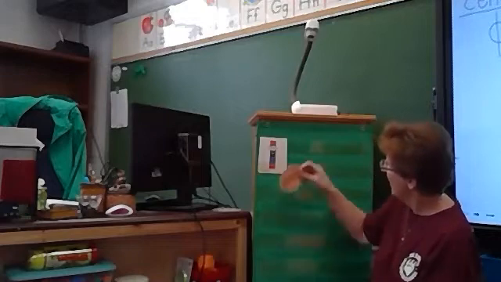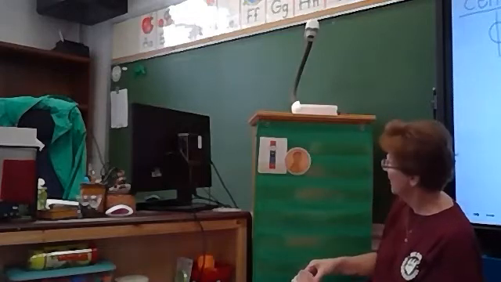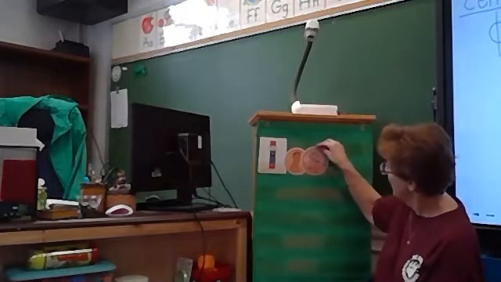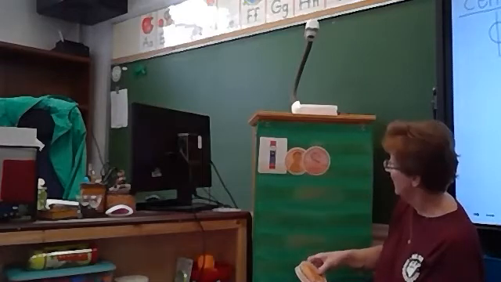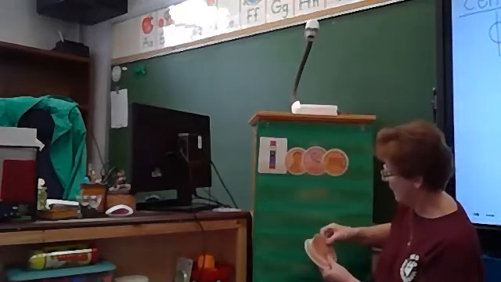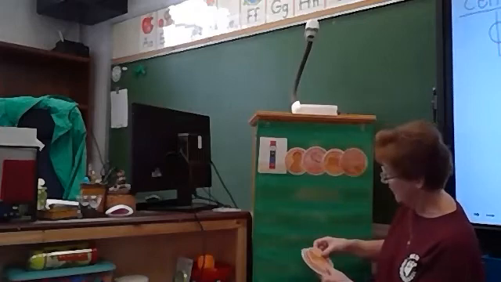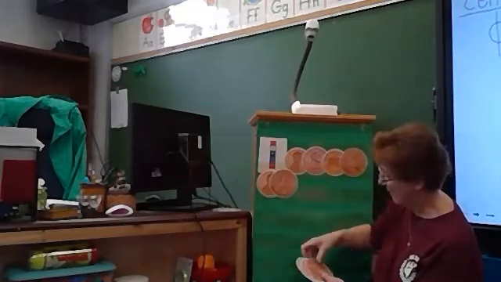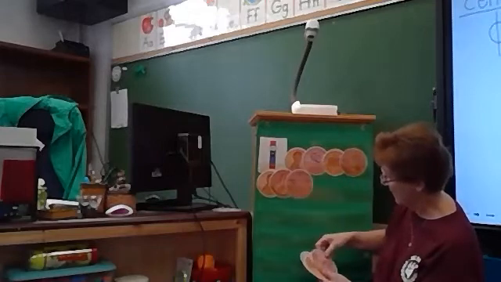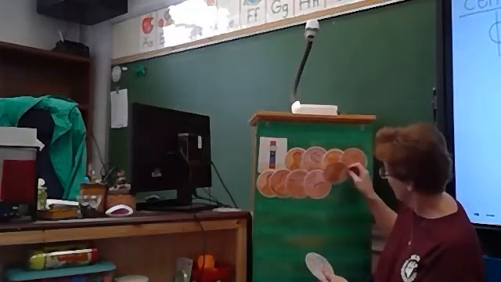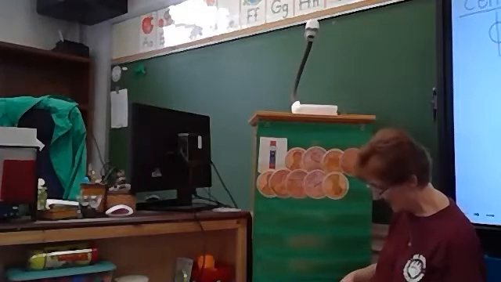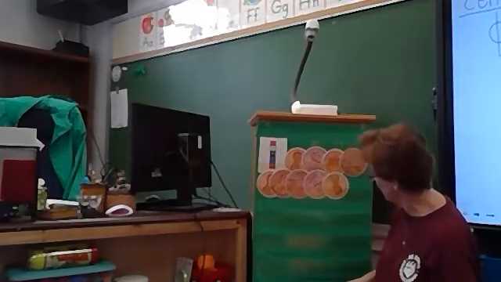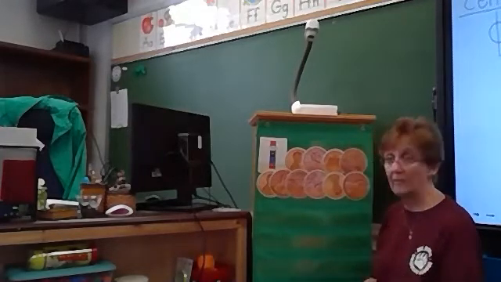Now, one way that I can show 10 cents is with my 10 pennies. 1 cent, 2 cents, 3 cents, 4 cents, 5 cents, 6 cents, 7 cents, 8 cents, 9 cents, and oh, I have another penny. 10 cents.